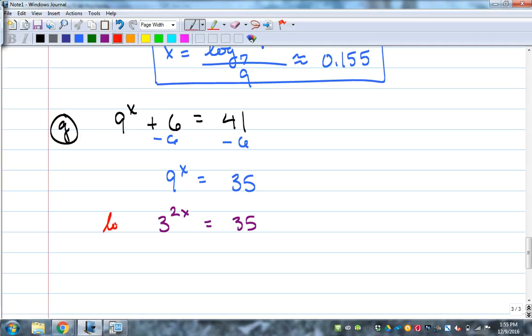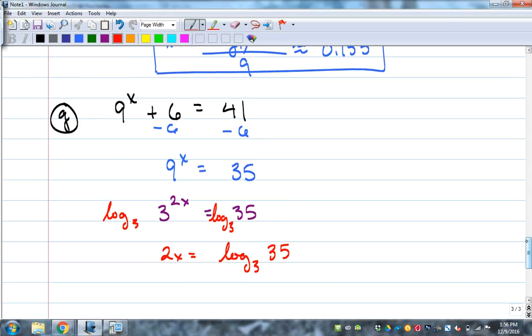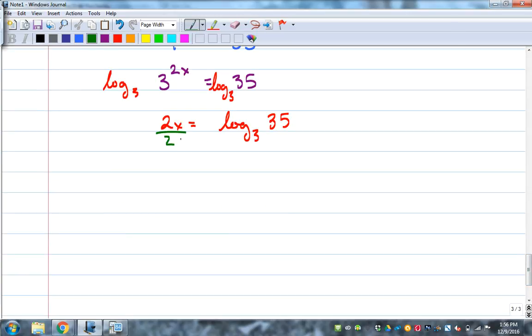And then do log base 3. That's going to be 2x is equal to log base 3 of 35. Divide by 2. Log base 3 of 35, all divided by 2.